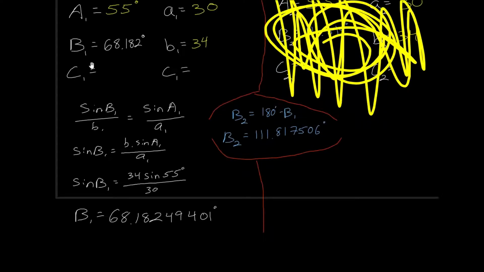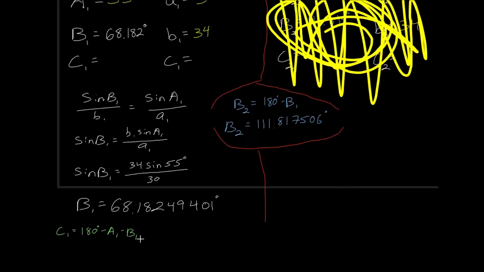I need to find angle C1. Well, I know every single triangle in the whole wide world adds up to 180 degrees for those interior angles, which means, I'm going to switch colors again, C1 is going to be equivalent to 180 degrees minus A1 minus B1. Again, I'm going to use those whole numbers there. I am not going to use rounded values because rounded numbers give rounded answers.